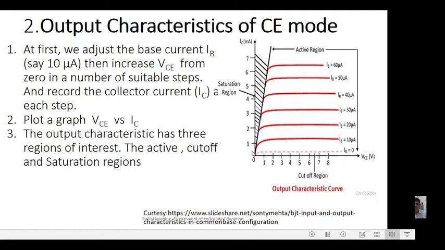At first we adjust the base current IB, say 10 microampere, then increase VCE from 0 in a number of suitable steps, and record the collector current IC at each step. Plot a graph of VCE versus IC. The output characteristics has three regions of interest: the active, cutoff, and saturation regions.